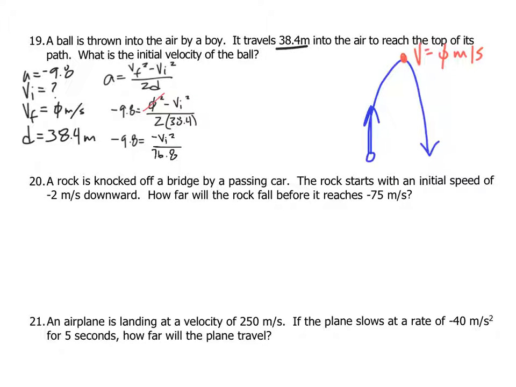So I've got VI squared as a numerator on the right. It's part of a fraction. I'm going to make the left side a fraction and cross multiply. And when I multiply negative 9.8 times 76.8, I get 752.64.